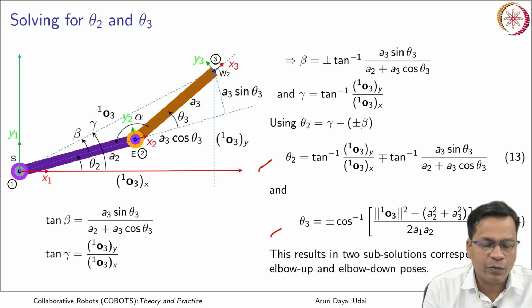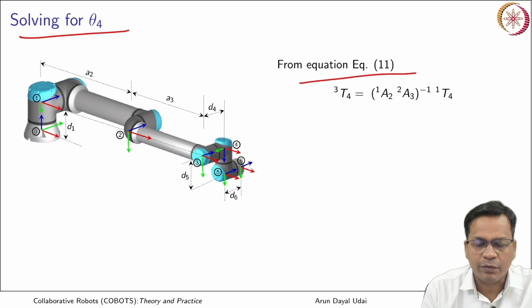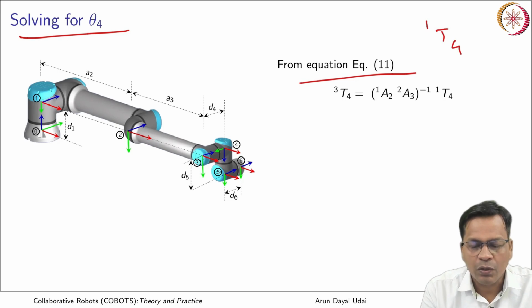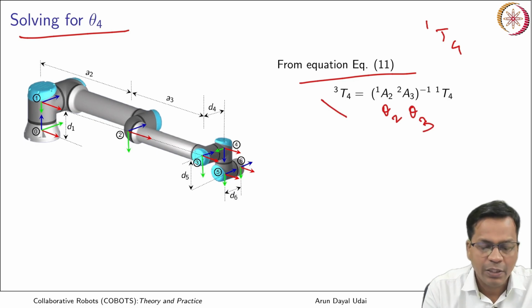Now all the angles are known except angle theta 4. How to go for it? From equation 11 that we have seen, we already had T1 to 4. So I'll further take the inverse of 1 to 2 and 2 to 3, because we already know theta 1 and theta 2 here. Using that I can take the inverse, and I can quickly find out T3 to 4, from 3 to 4.